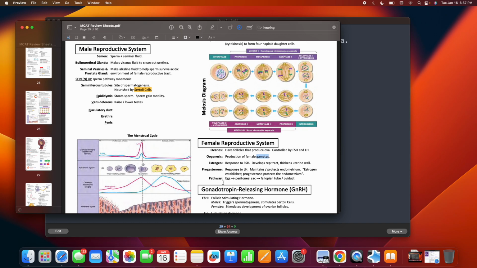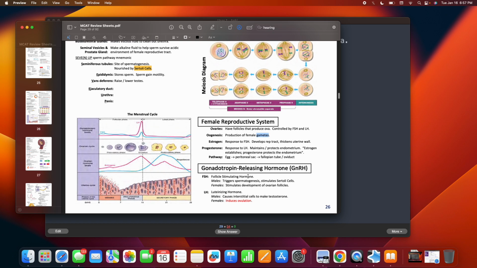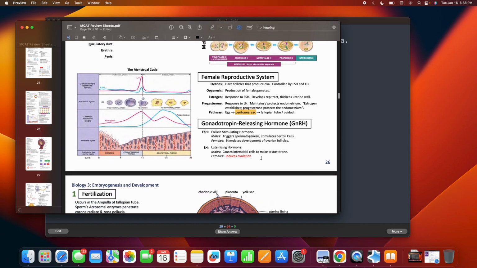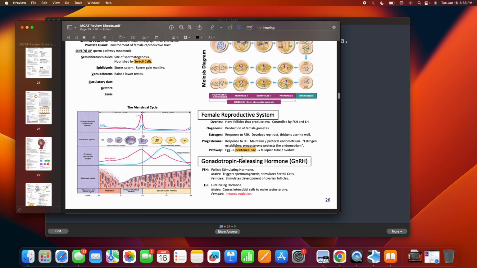The pathway is from the egg to the peritoneal sac to the fallopian tube, the oviduct. We have gonadotropin releasing hormone, GnRH.